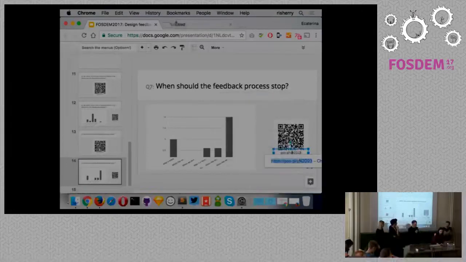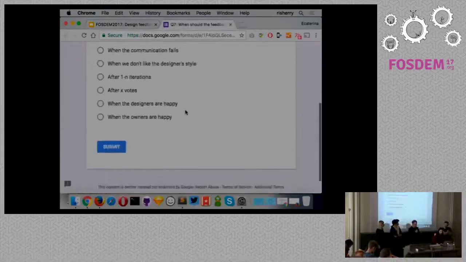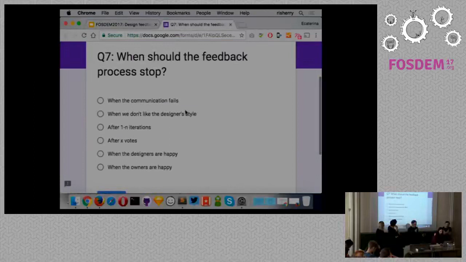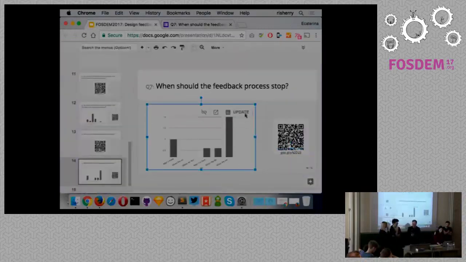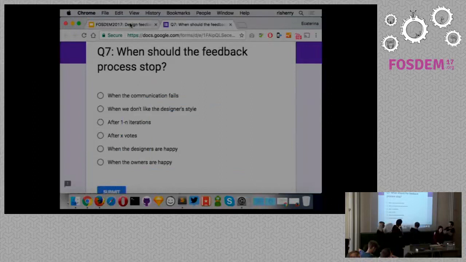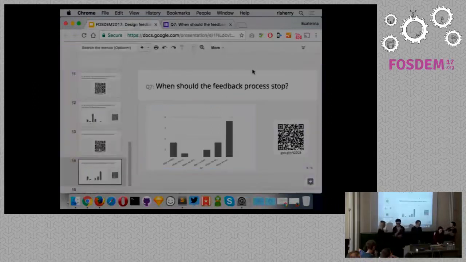It's good to realize that this will change in the future anyway, and five years ago it looked much different. That helps the immediate decision: this is going to change anyway, we can always revisit it, but for now let's decide on something which works for now. So I see that the winner is when owners are happy. Yes. Are they ever happy?